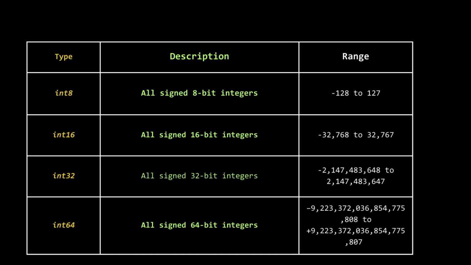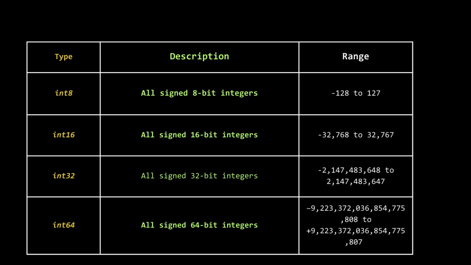Here we have a table that shows the data type int. We have int8, which is described as all signed 8-bit integers, and it varies from -128 to 127. We have int16, which is all signed 16-bit integers from -32768 to 32767. Then we have int32, which is the 32-bit integers.